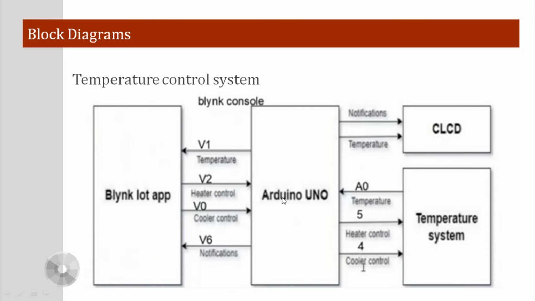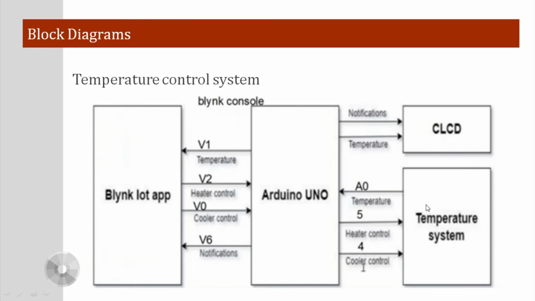These instructions first go to the Arduino Uno, and then to the temperature system. The Arduino Uno processes this instruction and sends the function to the temperature system, to turn on and turn off. This is the specific function.